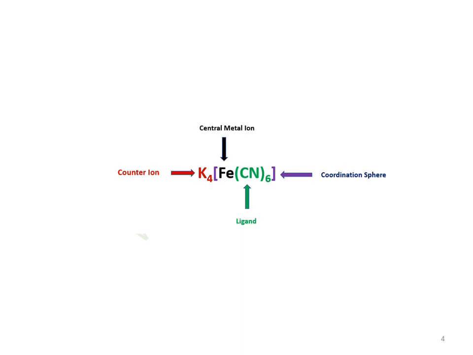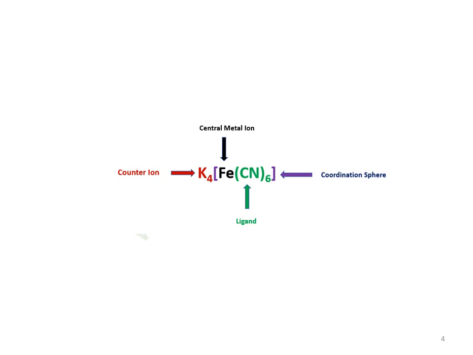Potassium ferrocyanide is an example of a complex compound where you can see iron in +2 oxidation state is the central metal ion, the ferrous ion. The counter ions are potassium here.